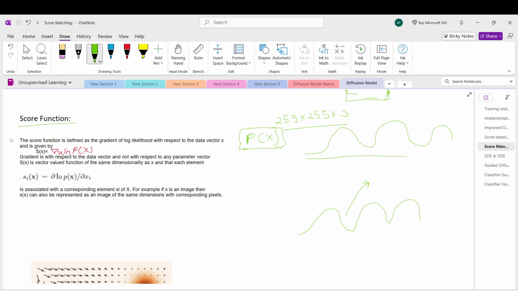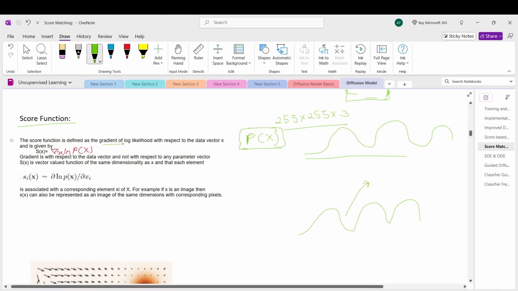So what we do is first define a score function. A score function is defined as the gradient of the log likelihood with respect to the data vector x. So the score function s of x is the gradient of the log likelihood of the data.